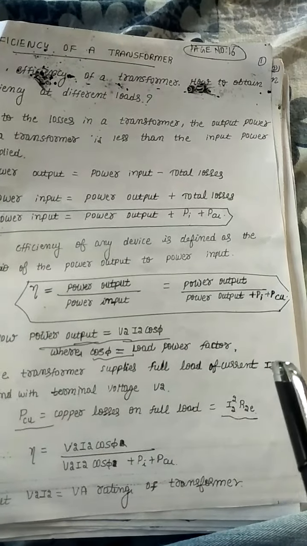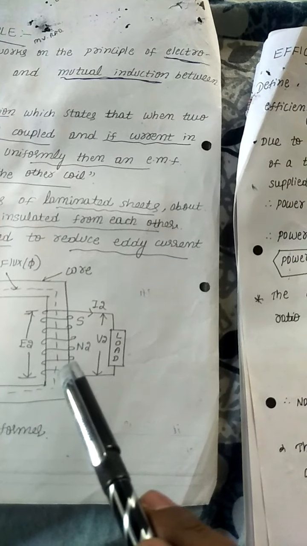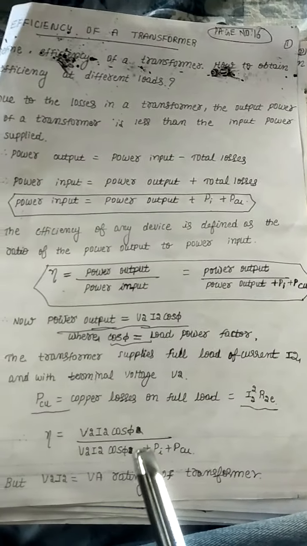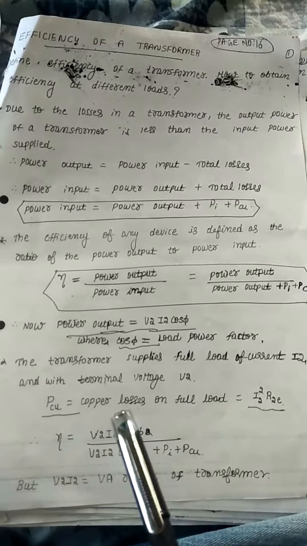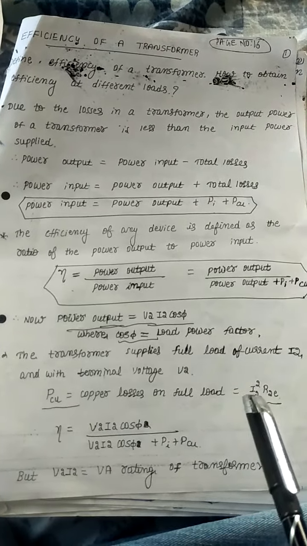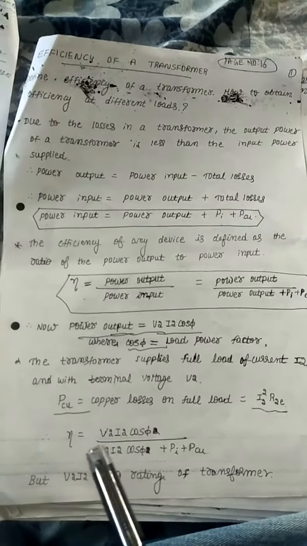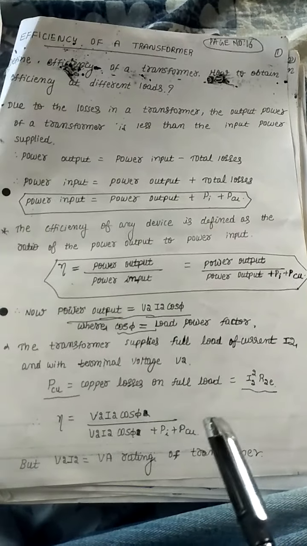As you all know, I2 is the total load current flowing in the secondary of the transformer, and V2 is the terminal voltage of the transformer. The copper loss on full load equals I2 squared R02. So efficiency can be written as V2 I2 cos phi divided by V2 I2 cos phi plus Pi plus Pcu.